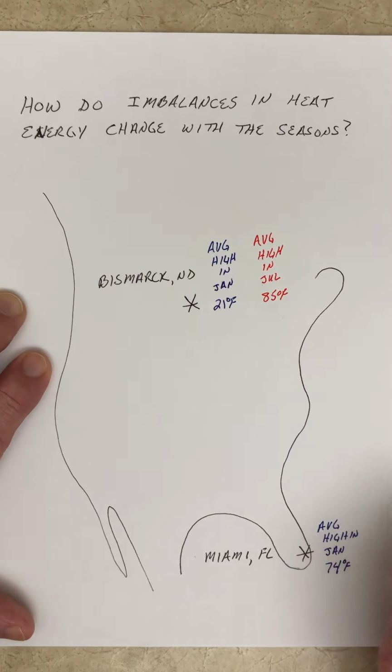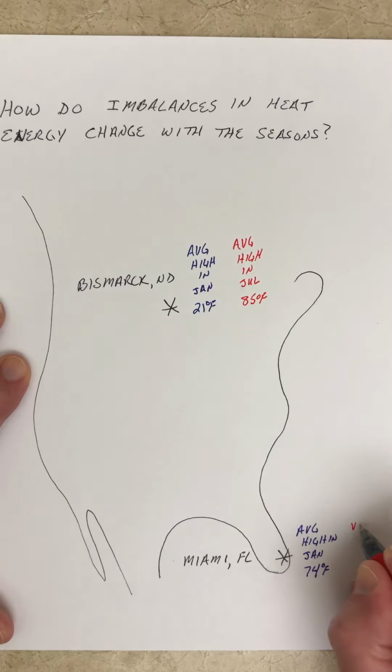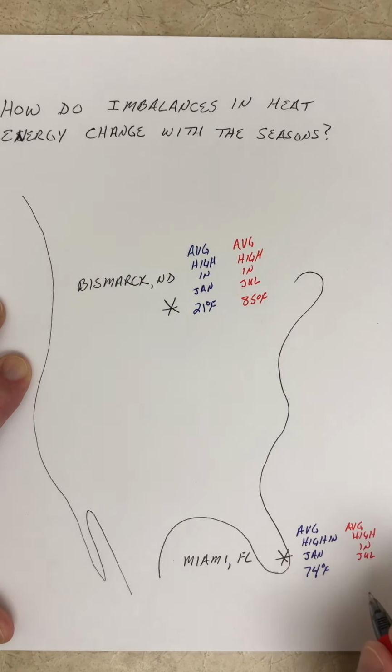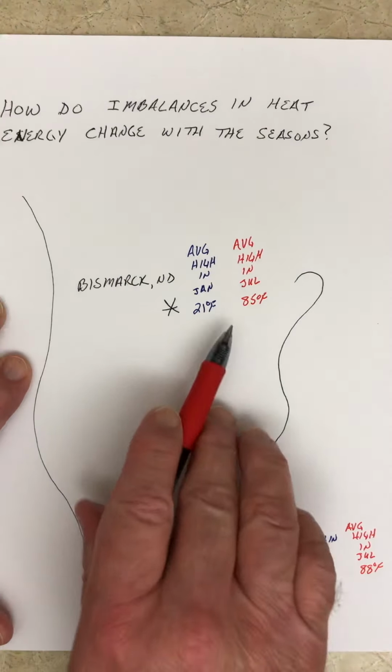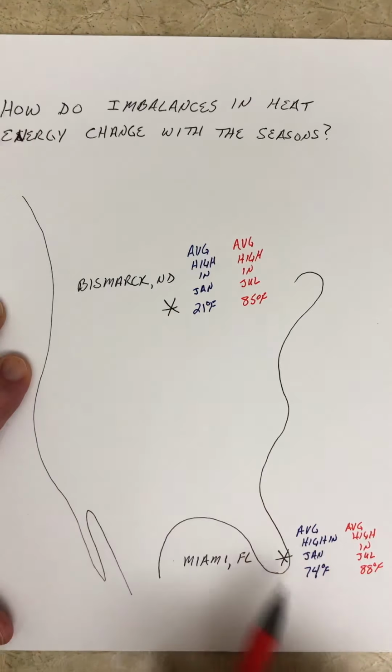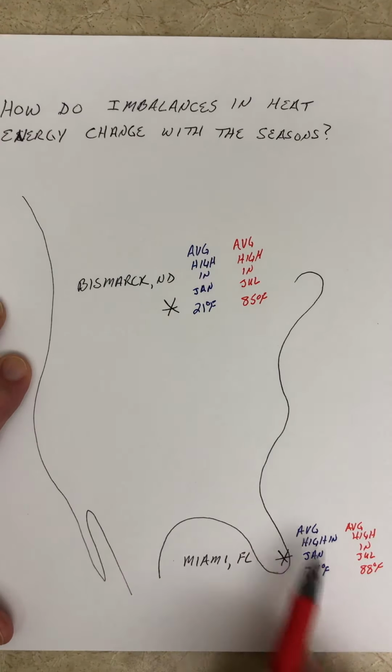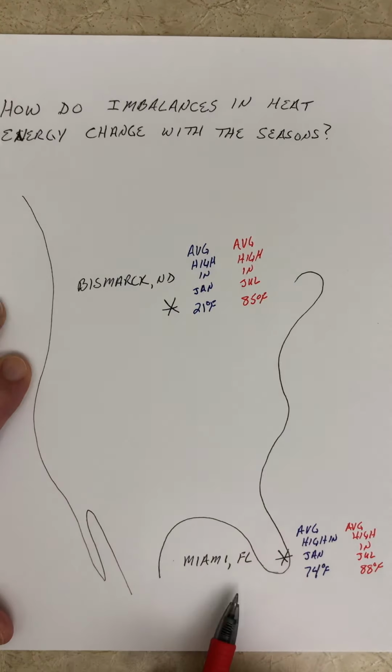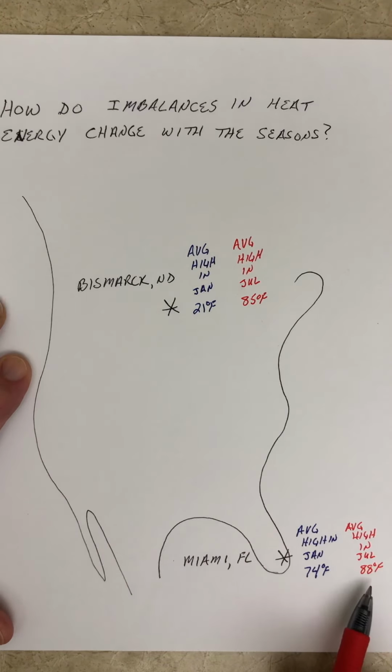And the average high temperature in July in Miami, Florida is about 88 degrees Fahrenheit. Okay, so you notice that there's only a 3-degree temperature difference in the gradient. So very, very small temperature gradient between Bismarck, North Dakota, and Miami, Florida in the summertime.